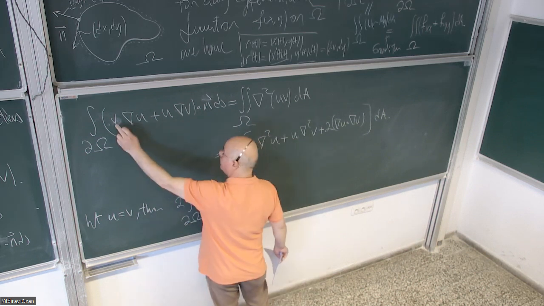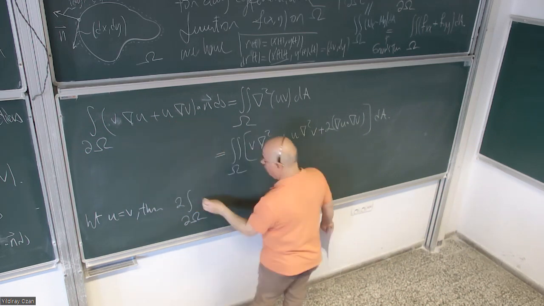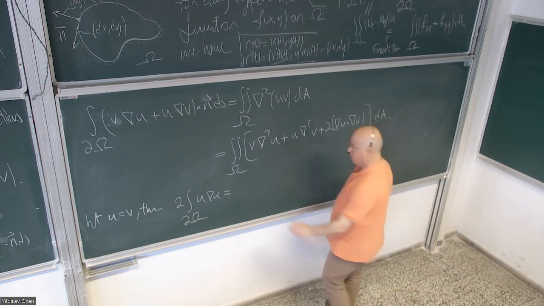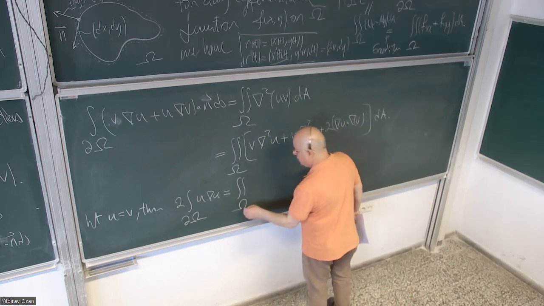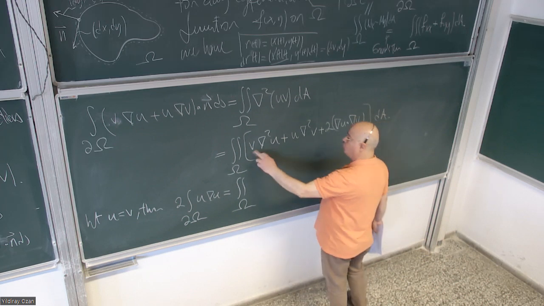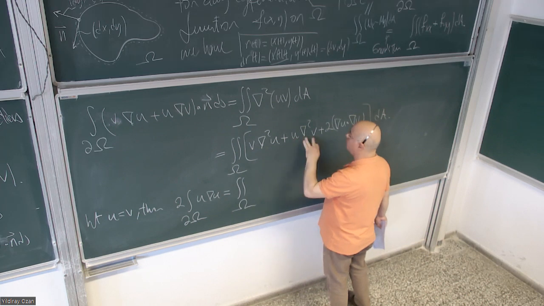These are both u, so I have u del u plus u del u, so I have 2 times u del u, and that's equal to the integral. So this will be just u Laplacian of u plus u Laplacian of u.